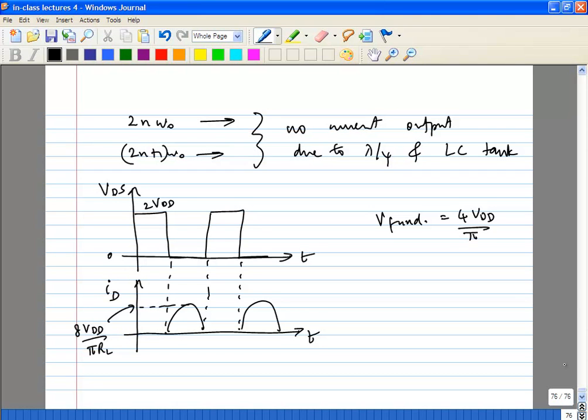This is the fundamental of this guy. This thing is nothing but 8 VDD squared over pi squared RL.